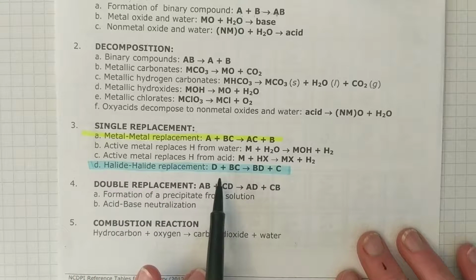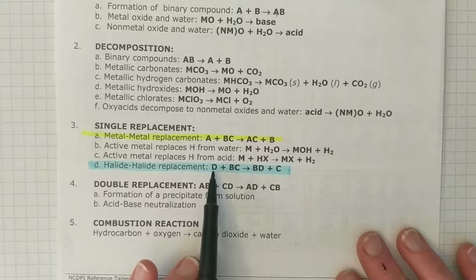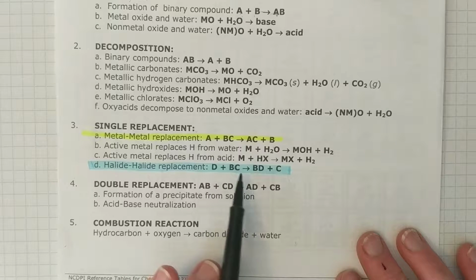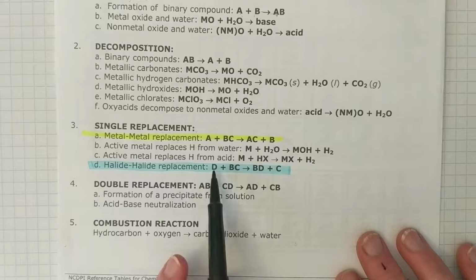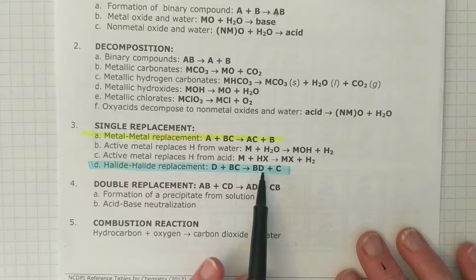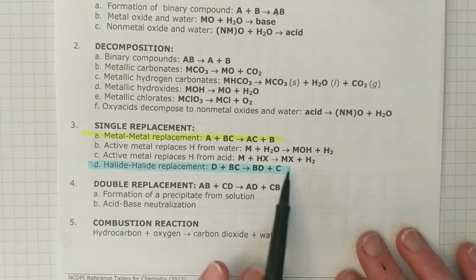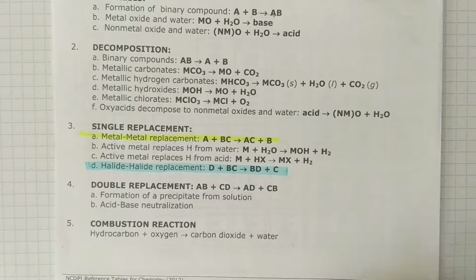Halide-halide is very similar, except our lone element is a nonmetal, and we have a compound with a metal and nonmetal, and that lone element nonmetal takes the nonmetal spot, the anion spot. And what was part of the compound is now a lone element.